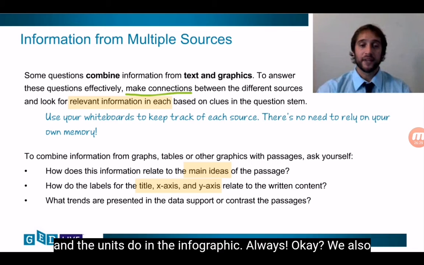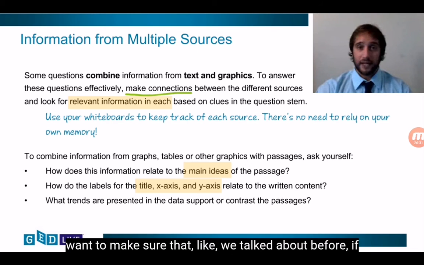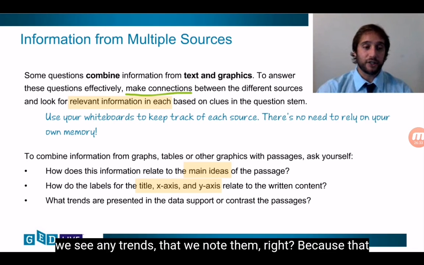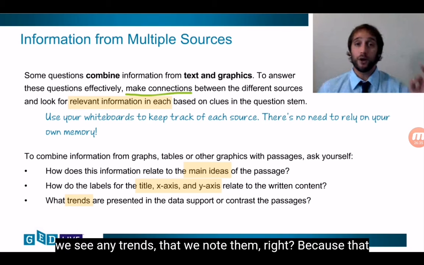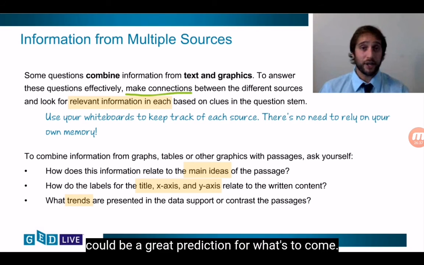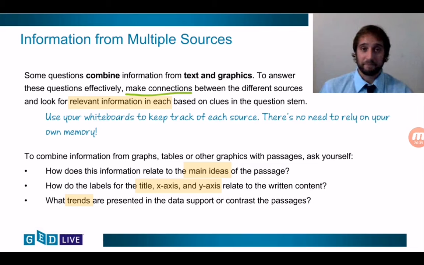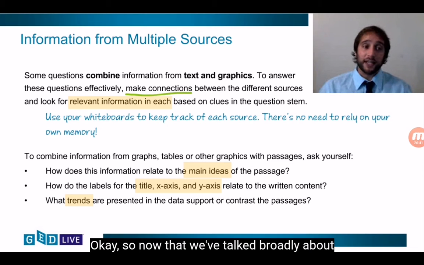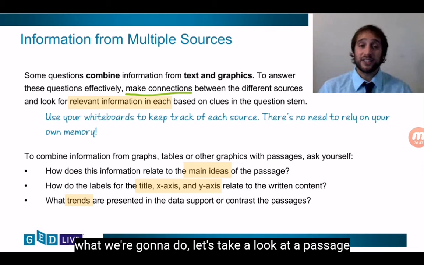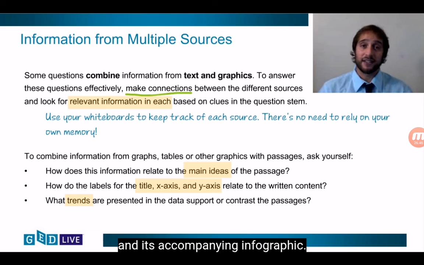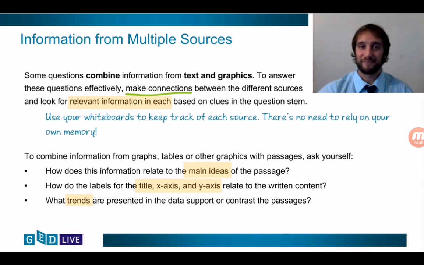We also want to note any trends, because that could be a great prediction for what's to come. Now that we've talked broadly about what we're going to do, let's take a look at a passage and its accompanying infographic.